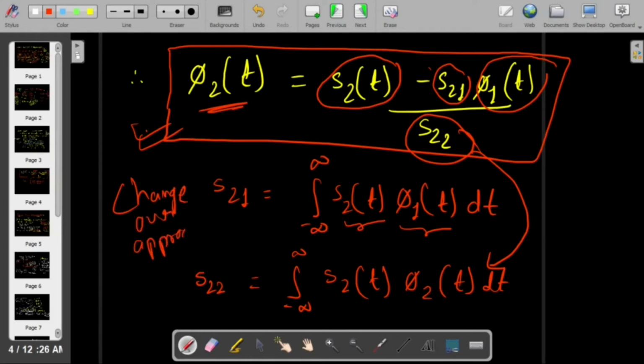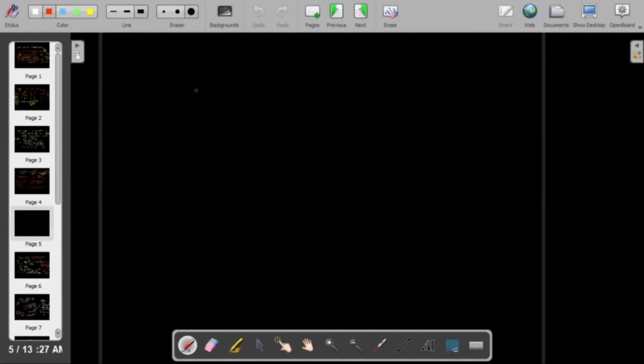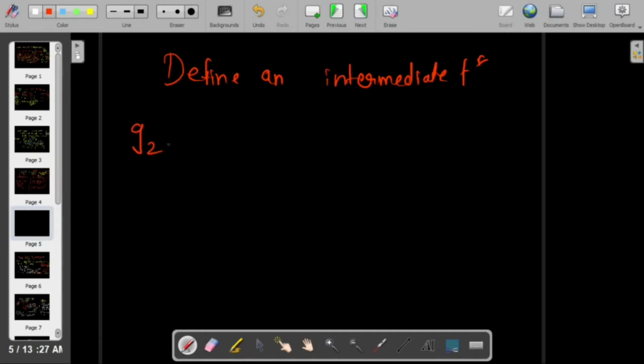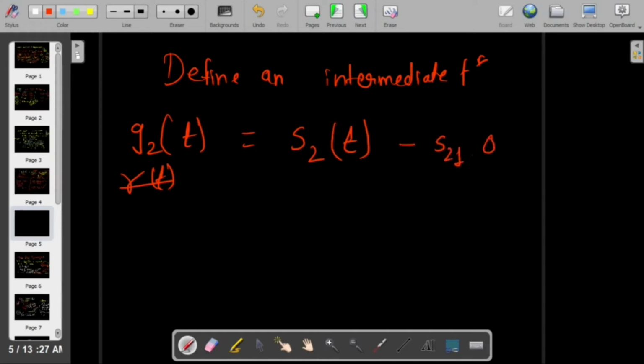So we need to change our approach, and the approach will be to define an intermediate function, let's say g2(t). Some books denote it by gamma of t or something, right? But I am denoting it as g2(t), and I am writing that it will be s2(t) minus s21 into phi 1(t).